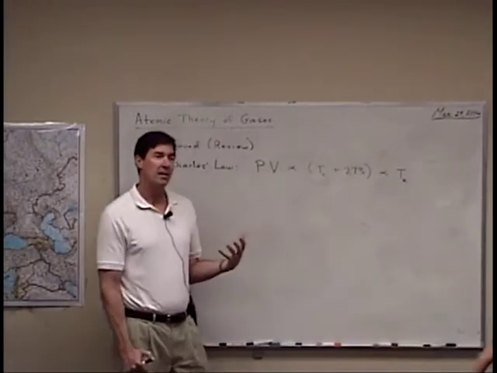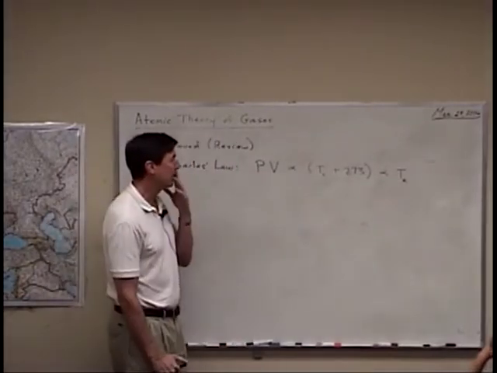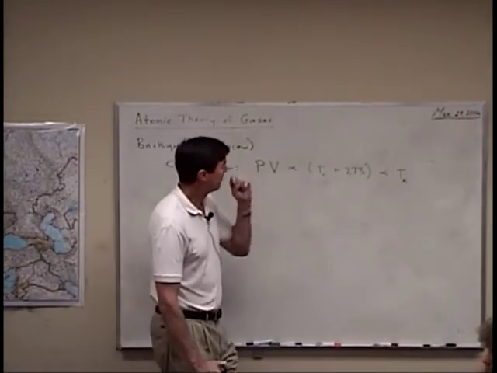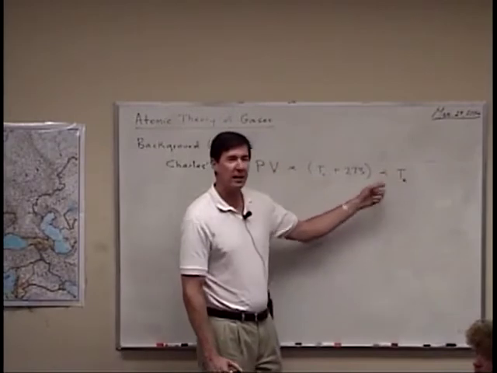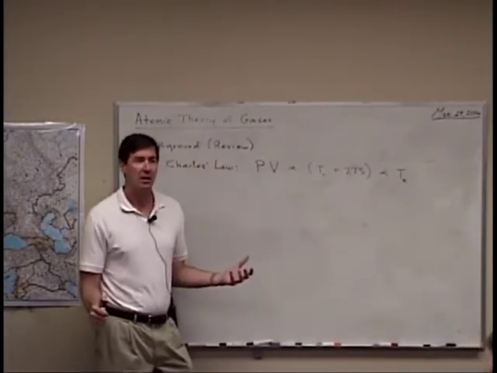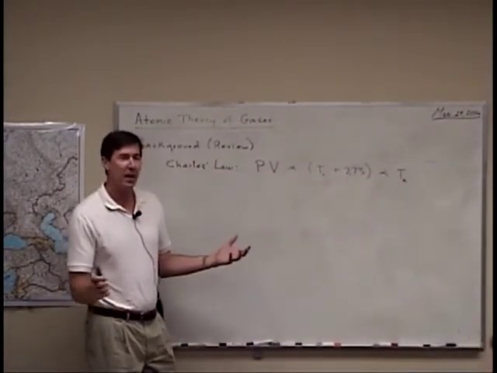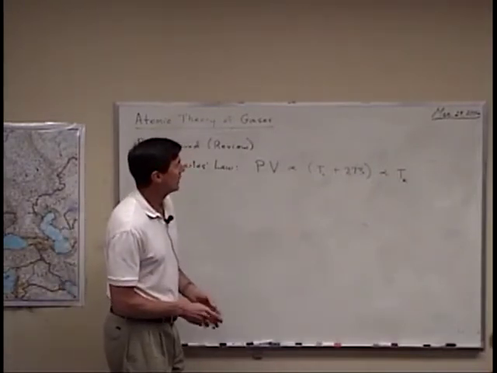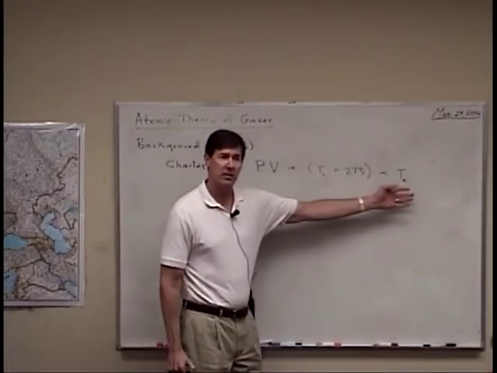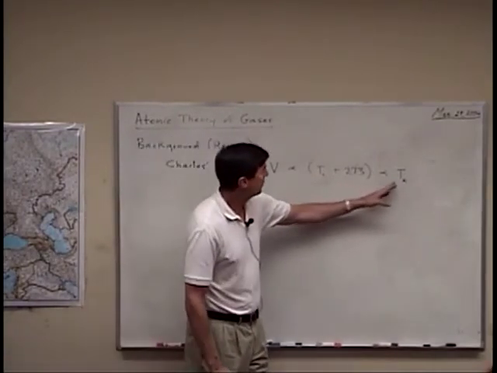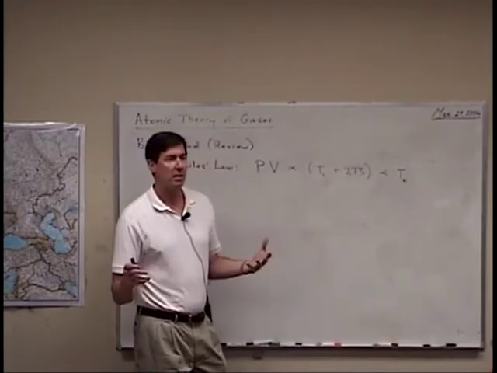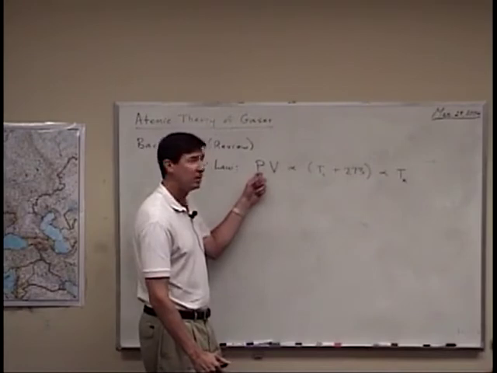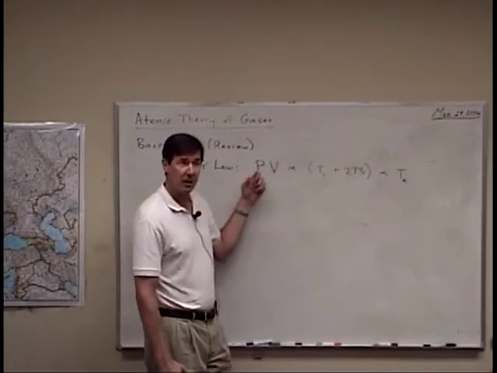Now, the confusing thing for scientists at this time was that the proportionality constant did depend on the type of gas. For instance, if you're just working with oxygen gas, if you double the mass of your oxygen gas, you'll double the pressure.